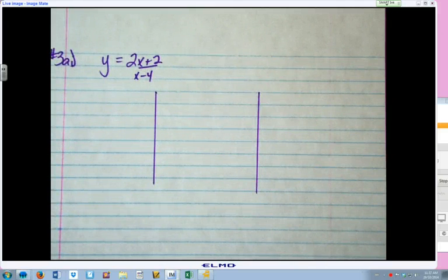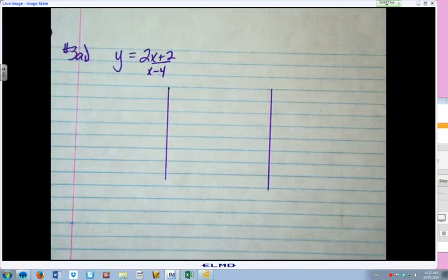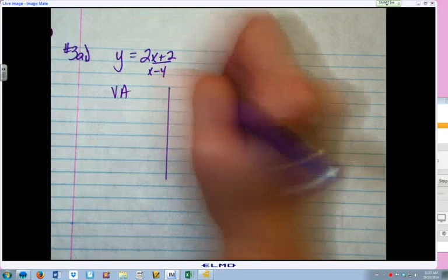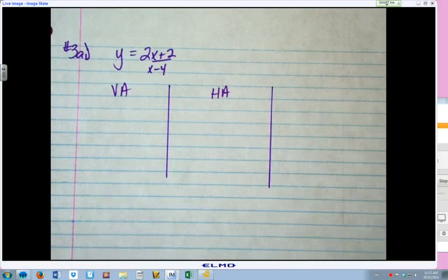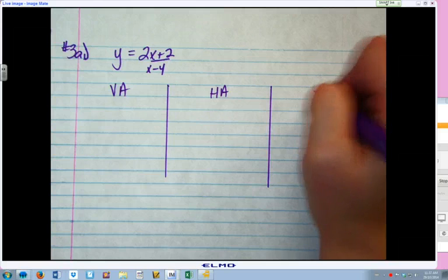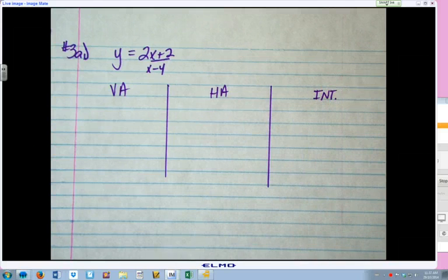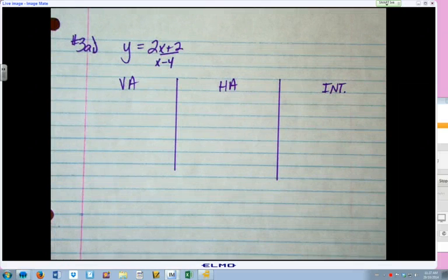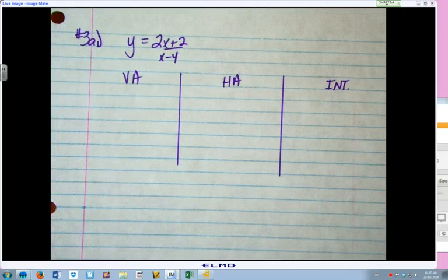If you're right brain, you don't care. So this is going to be vertical asymptotes or holes. This is horizontal asymptotes or oblique asymptotes. This is going to be our intercepts. This is all we're going to practice today and tomorrow, because we need to get this down pat in order to do the graphs.